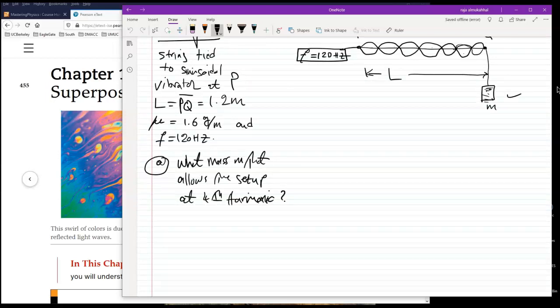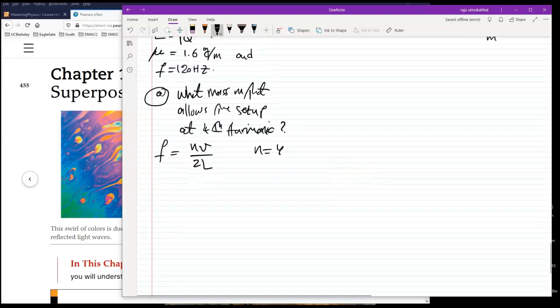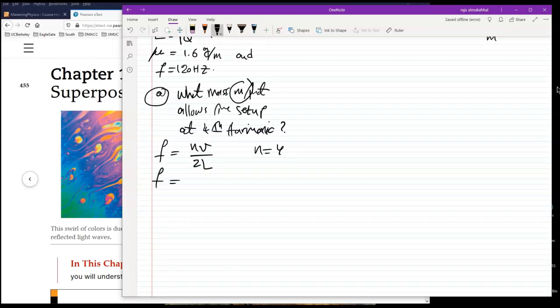So we know the frequency is equal to nv over 2L, and for the fourth harmonic n equals 4. Remember, I am trying to find the mass m. So in this case f is equal to 4v over 2L, and that's 2v over L. That's the frequency.